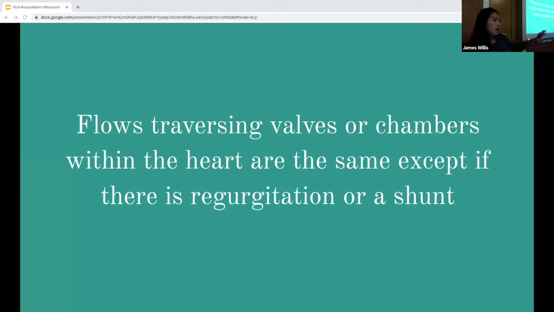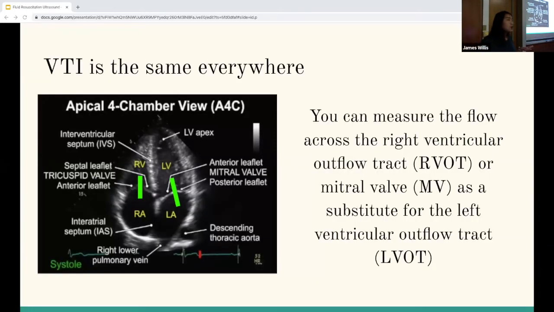So if all of that just went over your head, or you're like, this is too complicated for me, theoretically, you can get VTI from the apical 4-chamber view because you can measure the flow across the right ventricular outflow tract or the mitral valve. So this allows people who are maybe like, I can't figure out how to get to the apical 5 or the apical 3, but I still am interested in this flow. You can measure it in a more familiar view that you have.